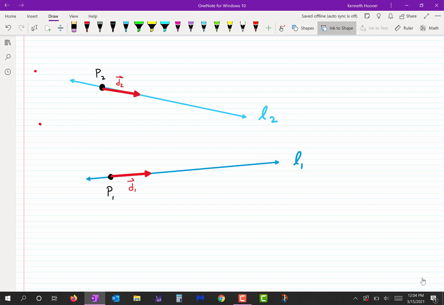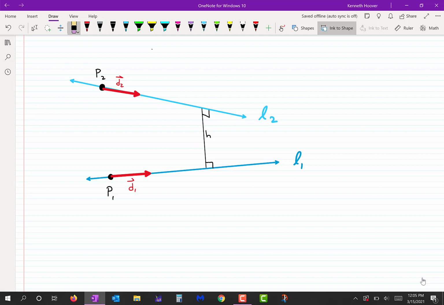That's where we want to measure the distance. Okay? And what I can say about that is it will be perpendicular to both of those lines. That's where the distance gets measured.